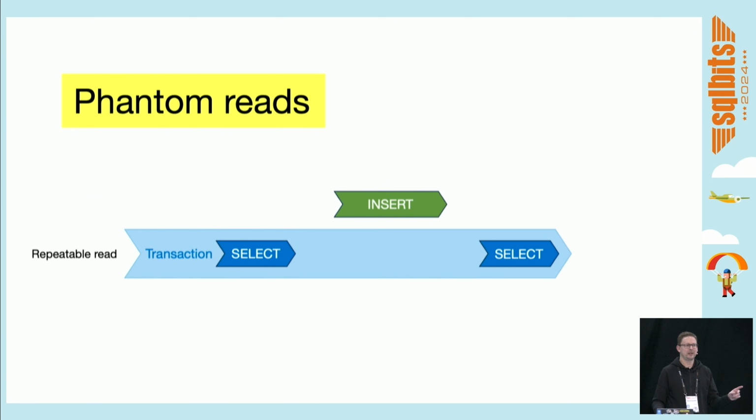Now, repeatable read will guarantee that data hasn't changed. It doesn't really check for if data has been added, right? So if it was there, repeatable read will guarantee that it is still there and the same, but it doesn't guarantee that there isn't other data. Because it's a technical issue, really. It's hard to lock rows that aren't there, right?